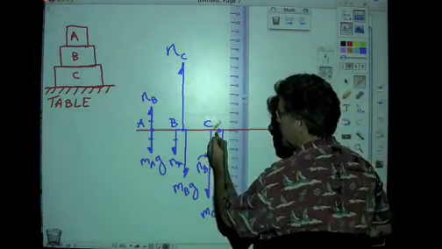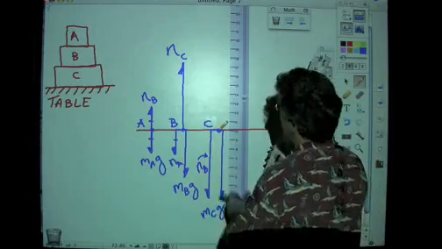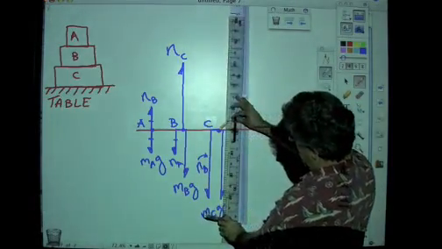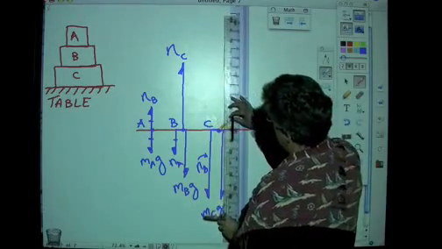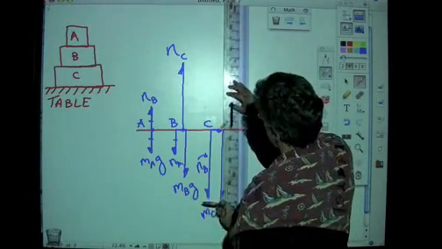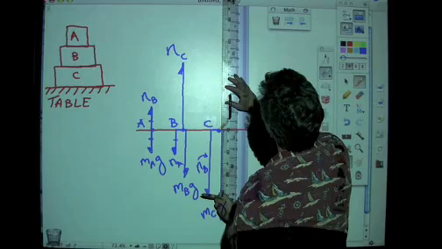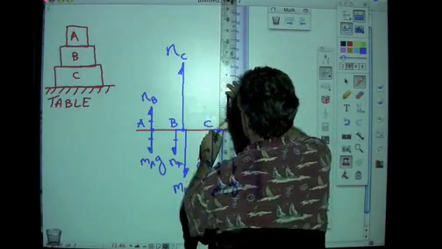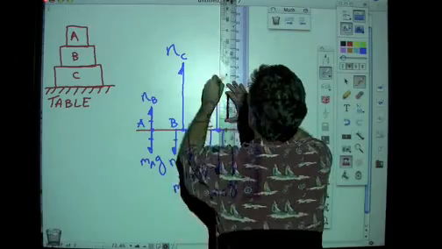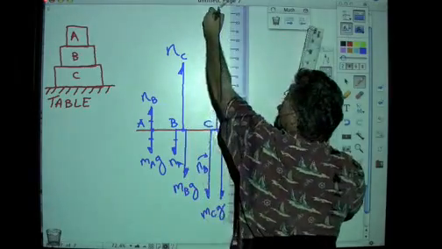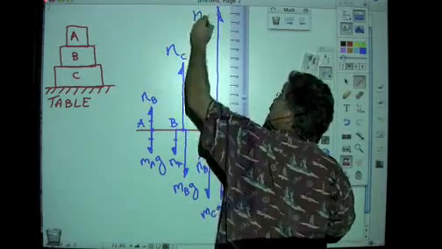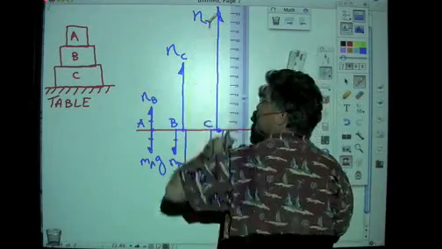And then you add these up, and now I'm probably going to go off my graph, but I think I'll get on there. This guy's going to go way up. Now the source of this normal force is the table. So I say N sub T for table.